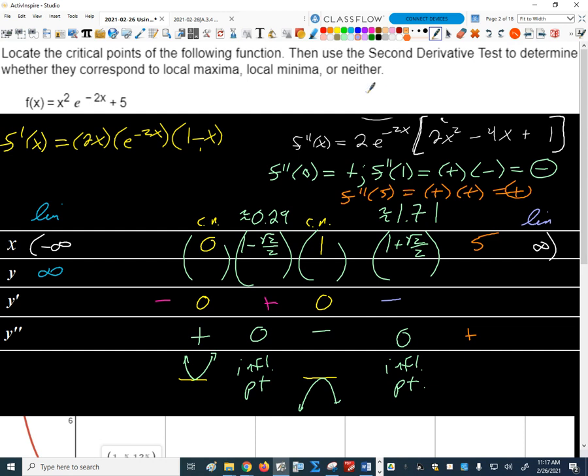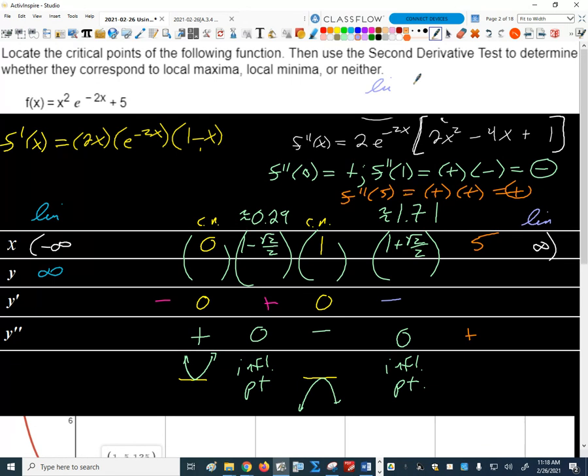If we take the limit of this function, the first term is going to dominate, obviously, right? So what's going on with the first term as x approaches infinity? Let's rewrite this. The e to the negative 2x, let's rewrite that as 1 over e to the 2x.